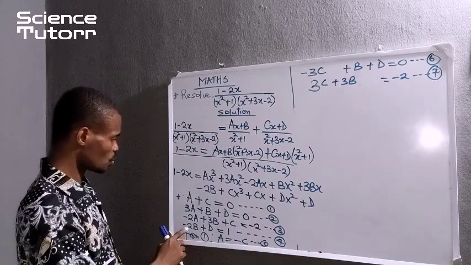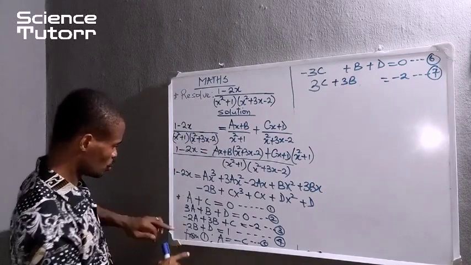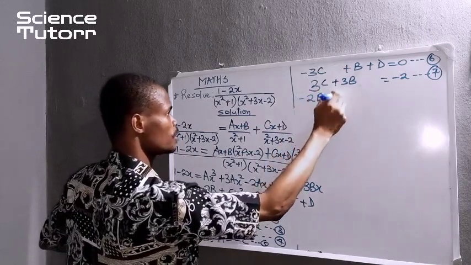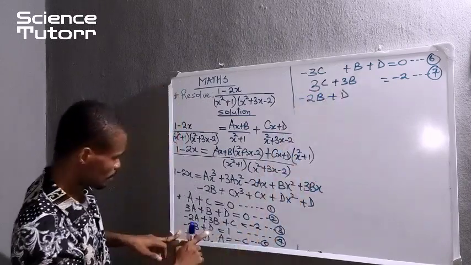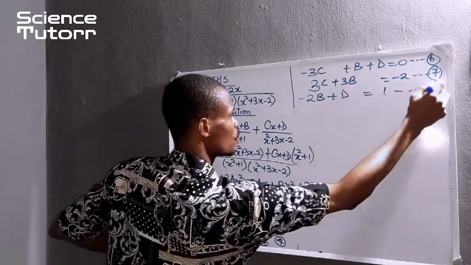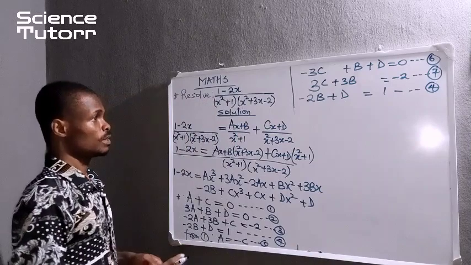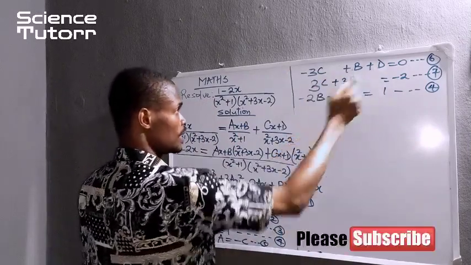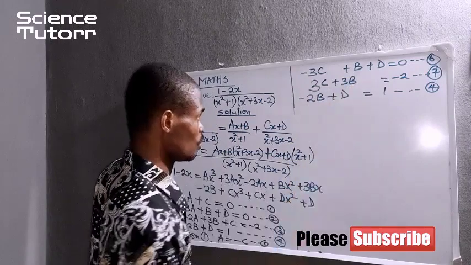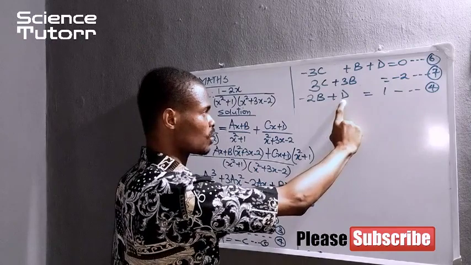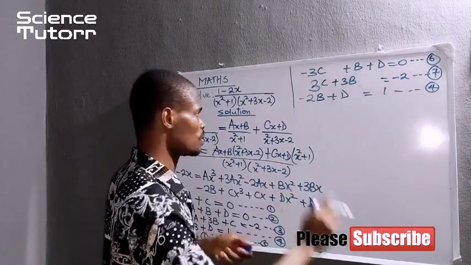And then we also have minus 2b plus d equals 1 from equation 4. So the equations reduce to 3 equations in c, b, and d. So what we simply do is, I'm going to make d the subject of formula from equation 4.